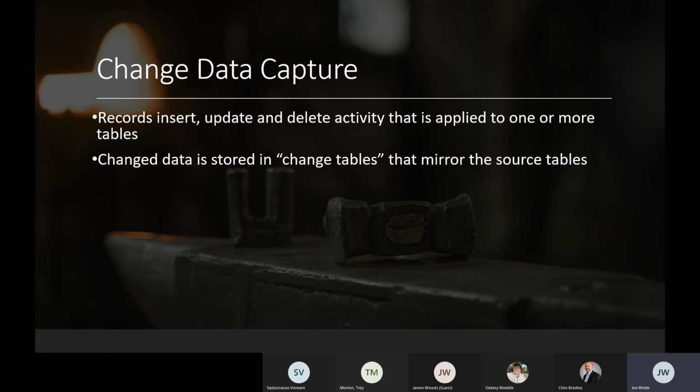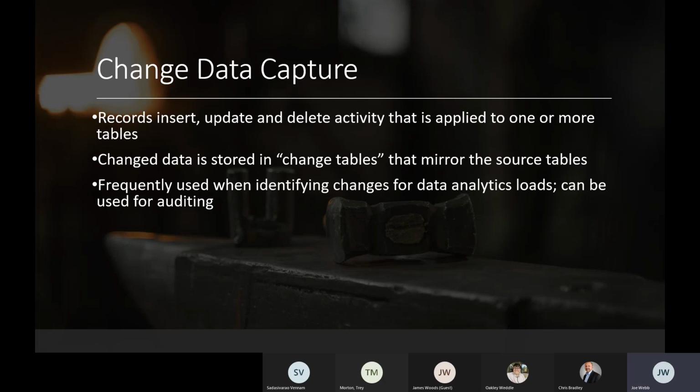And so if we're interested in a table for a specific application, we can target that table to be part of change data capture, and it will create another change table inside the same database where all changes are written. So if a record is changed for whatever reason, if it's inserted, if it's deleted, if it's updated from one value to another, that information is written inside the change table.